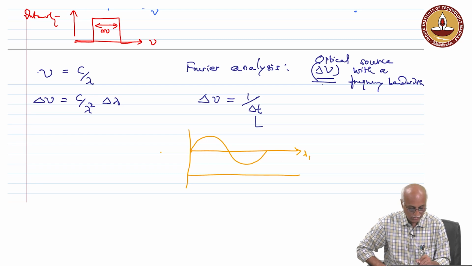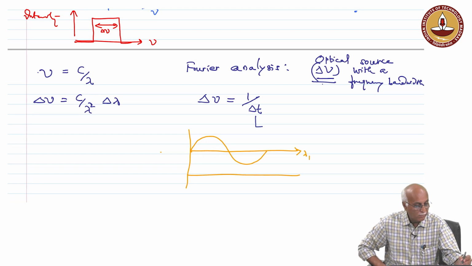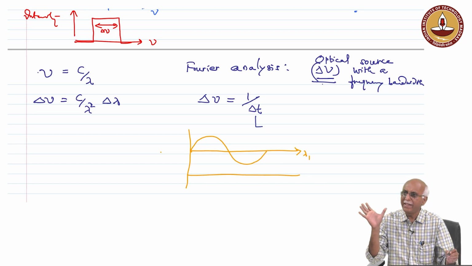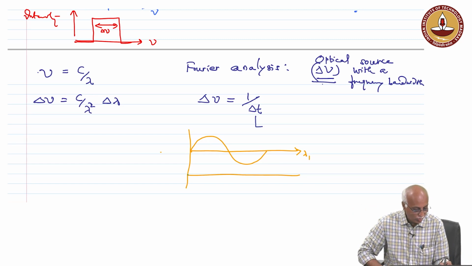Lambda 1 is one wavelength, and lambda 2 is slightly different from lambda 1.